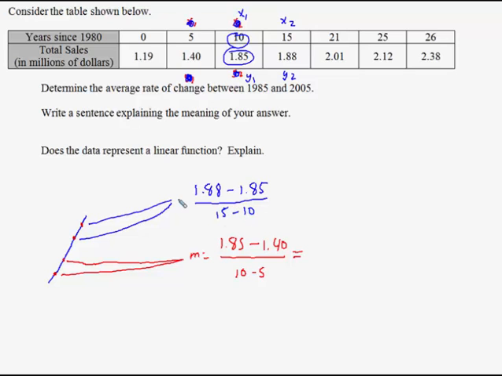That would be me calculating the slope between two other points on this proposed line. If you take your calculator and subtract, up here you would get 0.45 divided by 5, and here you would get 1.88 minus 1.85, which is 0.03, and then 15 minus 10 is 5.